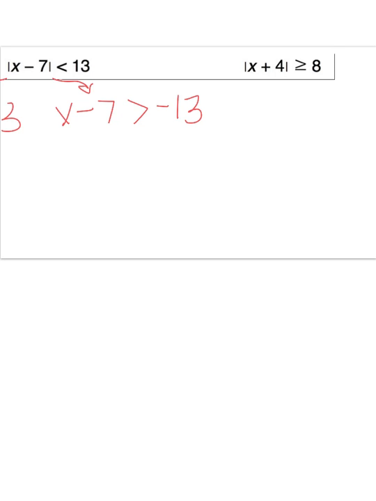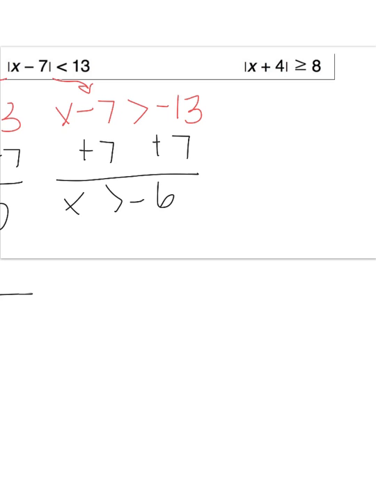And now I'm just going to solve. So I'm going to add 7 to both sides, and I get x is less than 20. And on the other one, I get x is greater than negative 6. So let's go ahead and graph this.